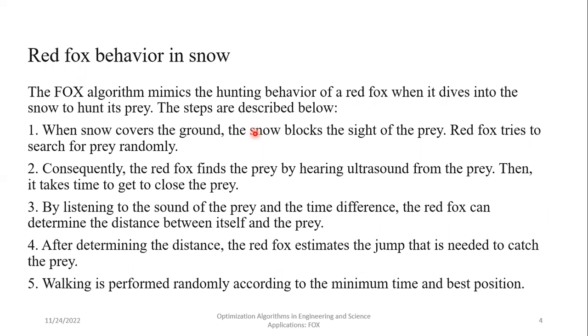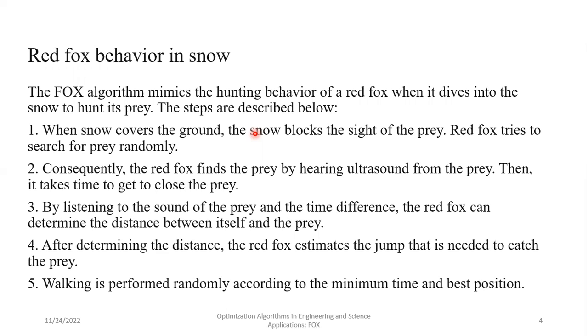Red fox behavior in a nutshell. When snow covers the ground and blocks the sight of the prey, the red fox tries to search for prey randomly, and then it finds the prey by hearing ultrasound.